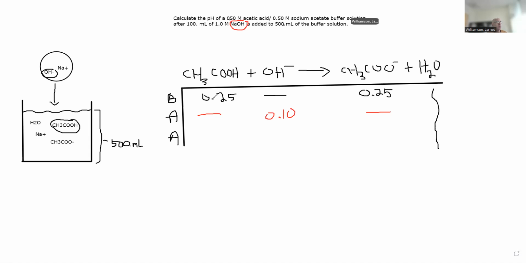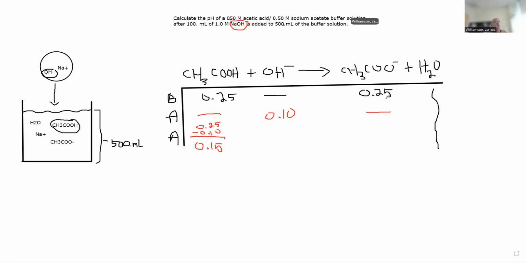This is going to be 0.25 minus the 0.1, because it's a 1-to-1 proportionality. And afterwards, I will have 0.15 moles of this stuff left.